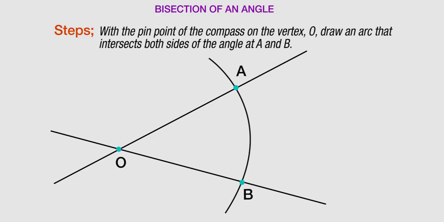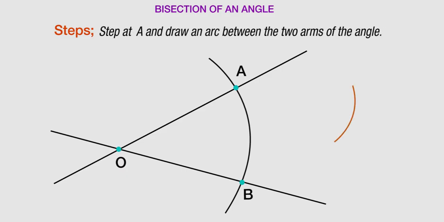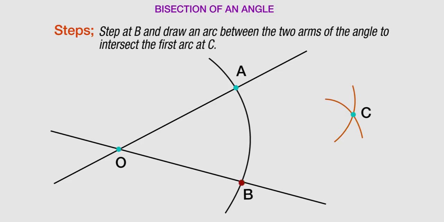Now, move the compass point to A with the same radius as OA. Draw an arc between the two arms of the angle. Move the compass point to B, and with that same radius, draw another arc to intersect the first one.